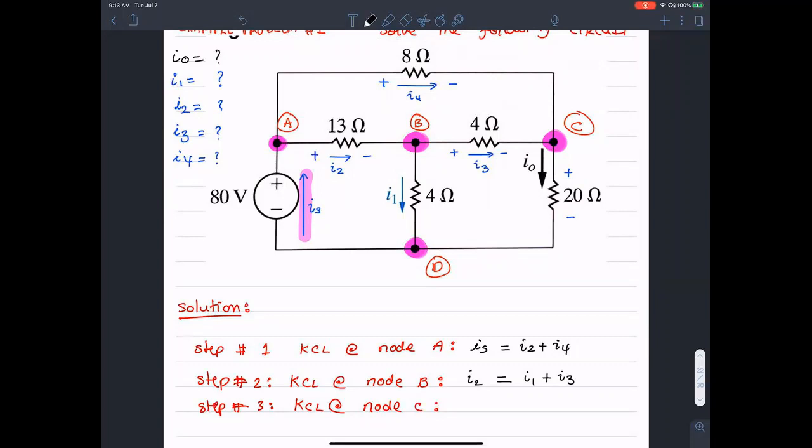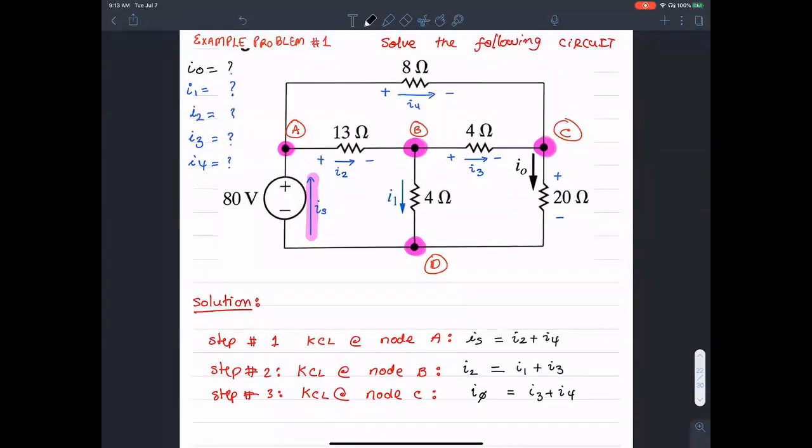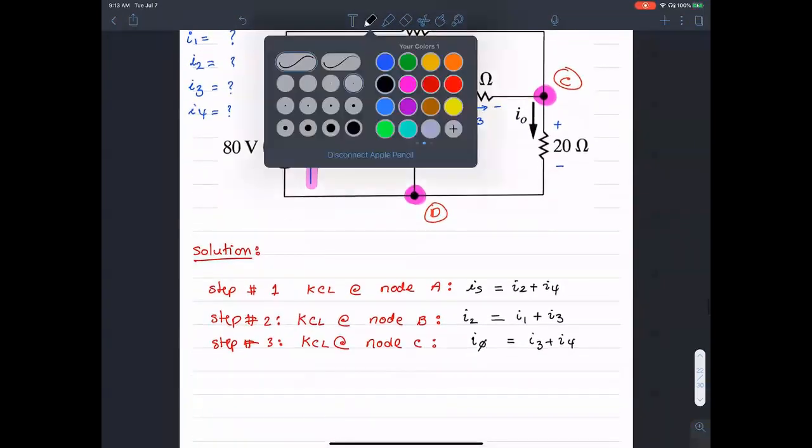So I3 plus I4 equals I2. I naught is the current going down, so I naught is I3 plus I4. Okay, so let's do KCL at node D as well.